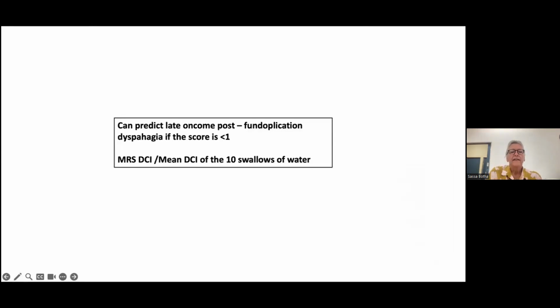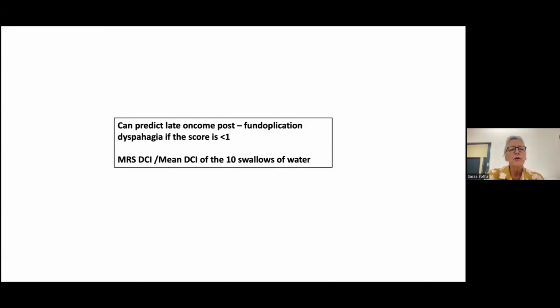So the dysphagia score is just to see if you can predict whether someone will develop late onset dysphagia post fundoplication. If you do your 10 water swallows and your multiple rapid swallows, and the DCI, the strength of your contraction on the multiple rapid swallows, is more than the mean of your 10 water swallows, then that shows there is peristaltic reserve.